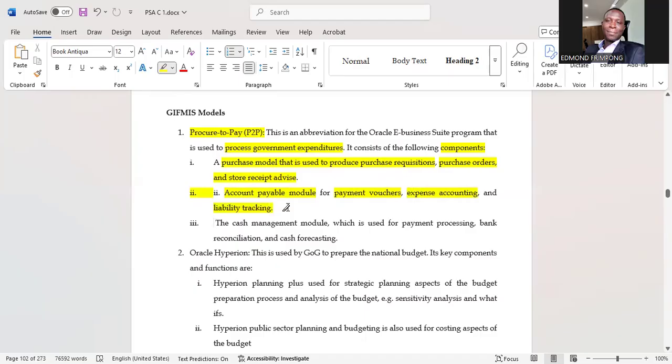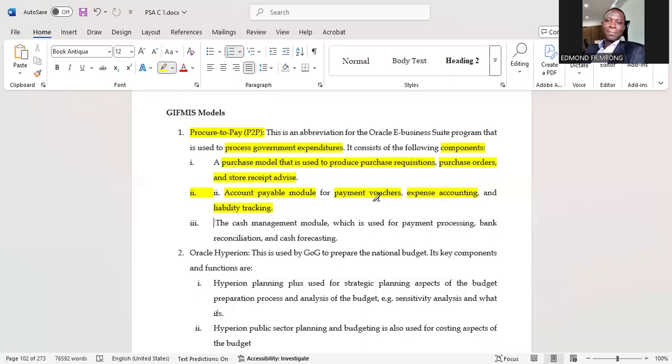After you procure all your items, then finally you come to pay. The first one, the purchase model, is the preparatory and preliminary stage before you'll be able to buy. But the account payable model is after you've bought, and you prepare the payment voucher, which shows who we are paying.